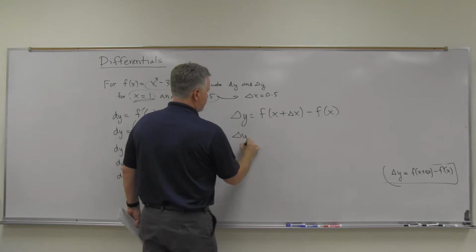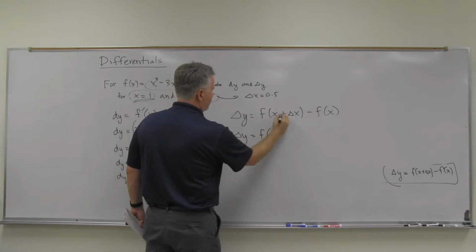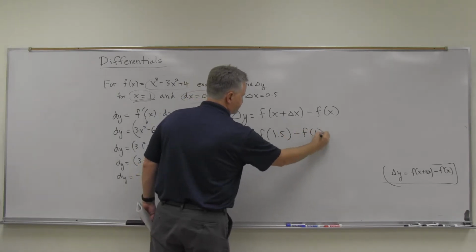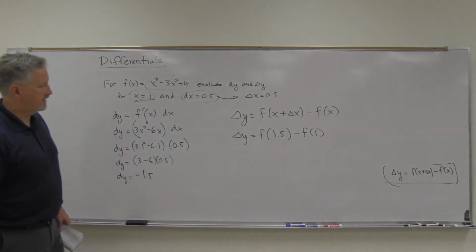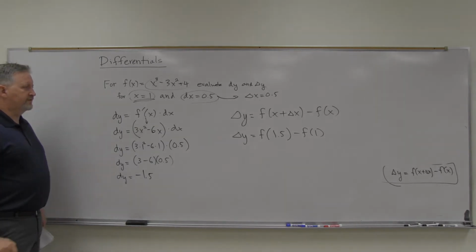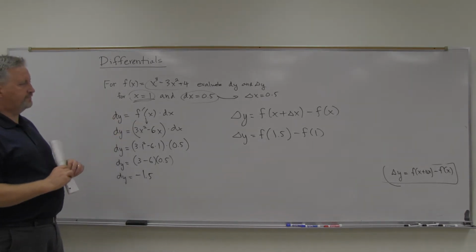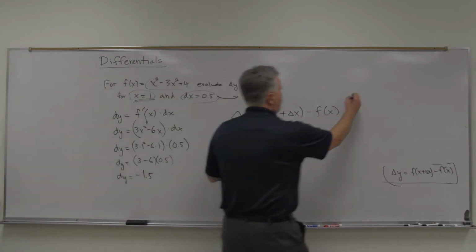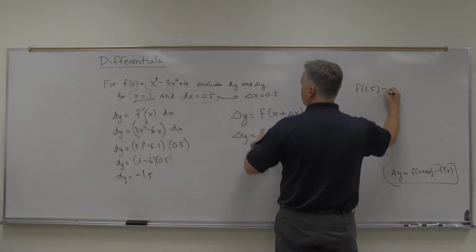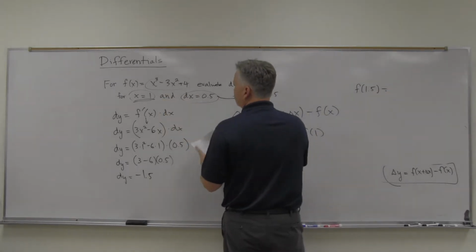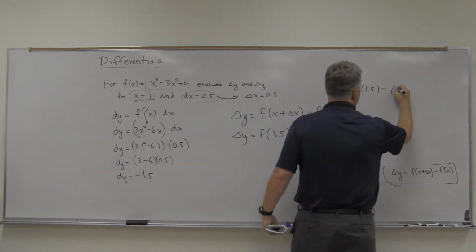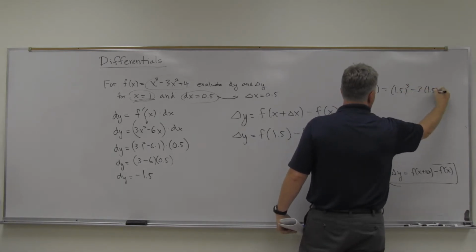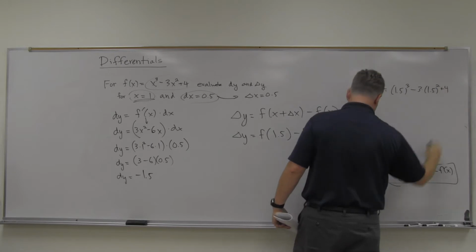So delta y is going to be f of 1.5 minus f of 1. So it's just computing the function value at 1.5 and then subtracting. So f of 1.5 would be, going back to the original equation, 1.5 cubed minus 3 times 1.5 squared plus 4.